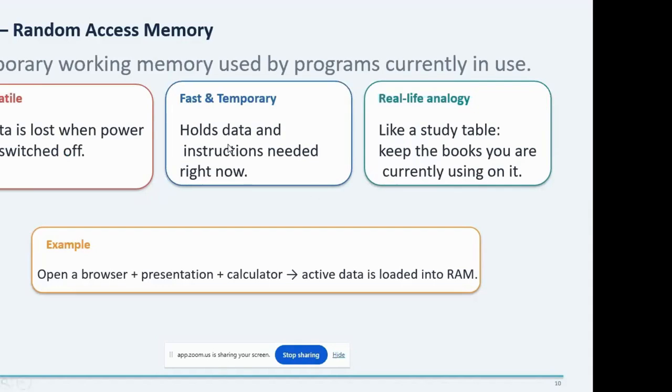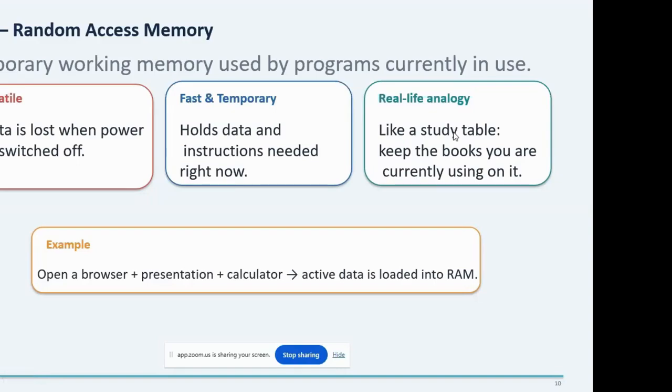The next point is fast and temporary. When compared to the secondary storage devices, RAM is fast, but it is temporary. It can hold the data at that instant, but it cannot save permanent changes. A real-time example: you are studying something.